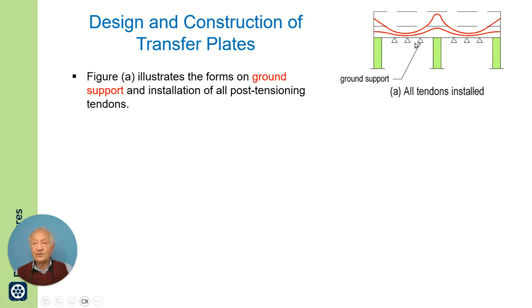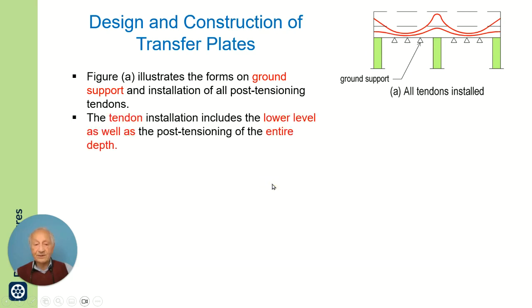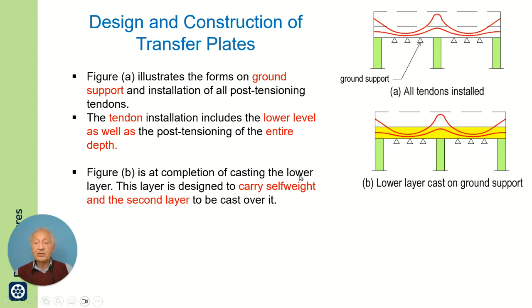These are the forms on ground support and the 2 layers. The tendon installation includes the lower level as well as the entire depth. You have the lower level tendons and also the tendons of the entire depth, both put in place.